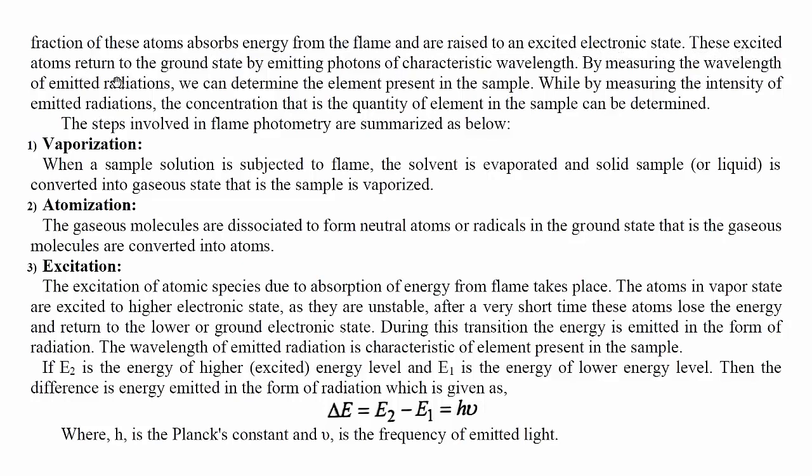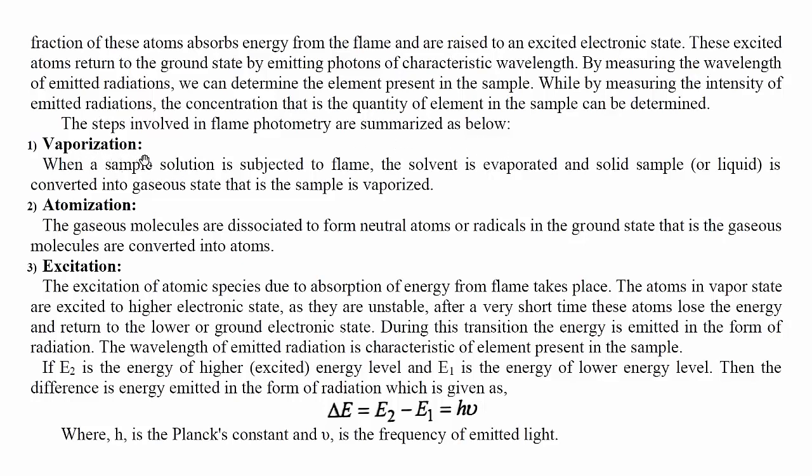These excited atoms return to the ground state by emitting photons of characteristic wavelength. By measuring the wavelength of emitted radiations, we can determine the element present in the sample, while by measuring the intensity of emitted radiations, the concentration, that is the quantity of element in the sample, can be determined. The steps involved in flame photometry are summarized as below.